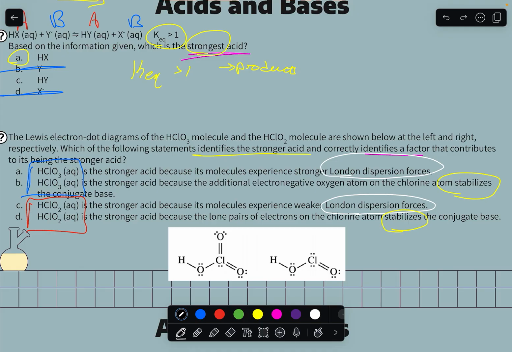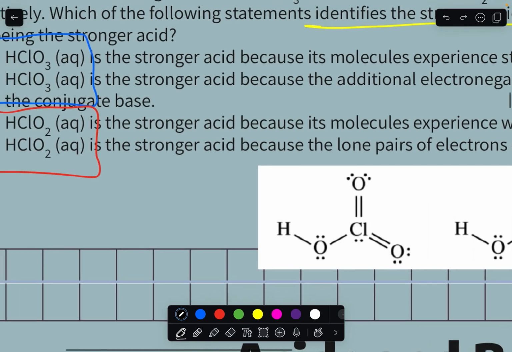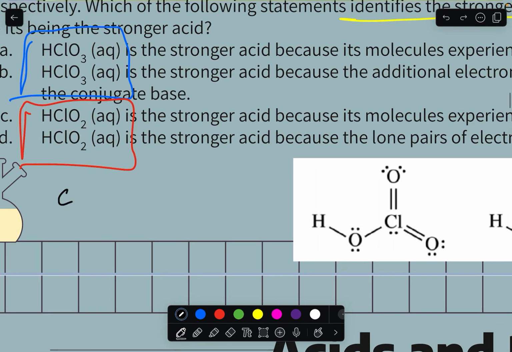Okay, so A says that HClO3 is a stronger acid because molecules experience stronger London dispersion forces. B says that it's a stronger acid because the extra oxygen on the chlorine stabilizes the conjugate base. Okay, so what we mean by stabilizes is if we have this molecule here, and we lose that hydrogen, we can draw resonance structures, right?